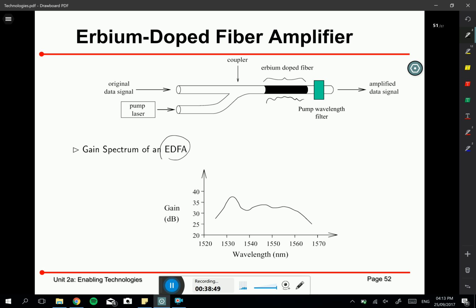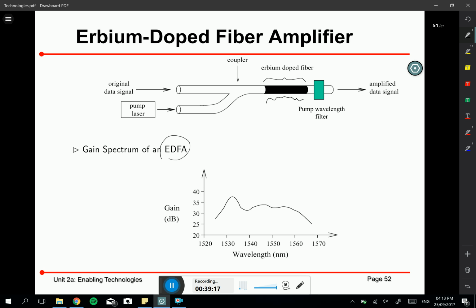We're going to understand better what a coupler is later, but basically it's an element which allows two fibers to be joined. So you have a coupler which allows the second fiber to insert a different wavelength at much lower wavelengths. Okay, so the pump laser typically is below 600 nanometers.